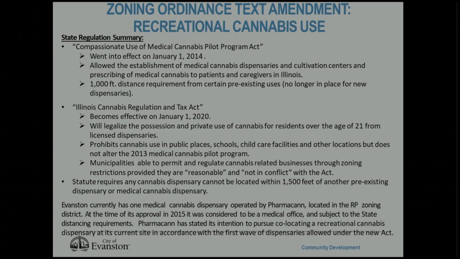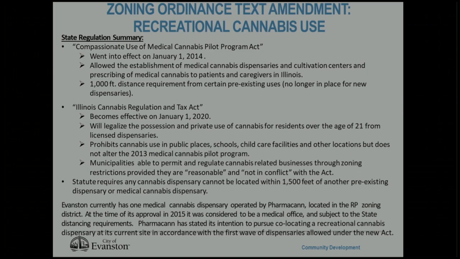It will also prohibit the use of cannabis in public spaces, schools, childcare facilities, and other locations, but does not alter the 2013 medical cannabis pilot program. Municipalities also have the ability to regulate cannabis-related uses through zoning restrictions, provided that they are reasonable and are not in conflict with this act.